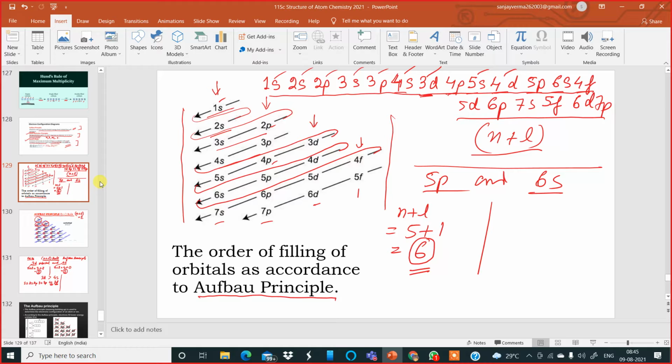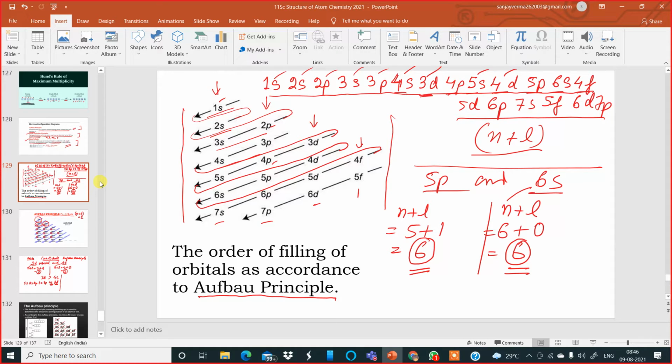Whereas for the 6s orbital, n plus l: the value of n is 6, the principal quantum number, plus, for the s orbital, what is the value of l? Is it 0? It is 0. Now you see, 6 plus 0 is 6. Correct? Now, are they the same? Yes, sir.